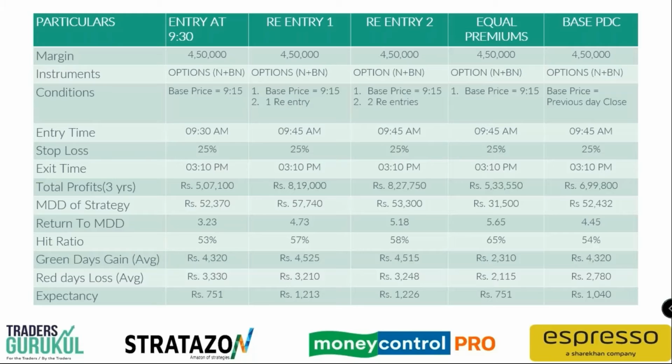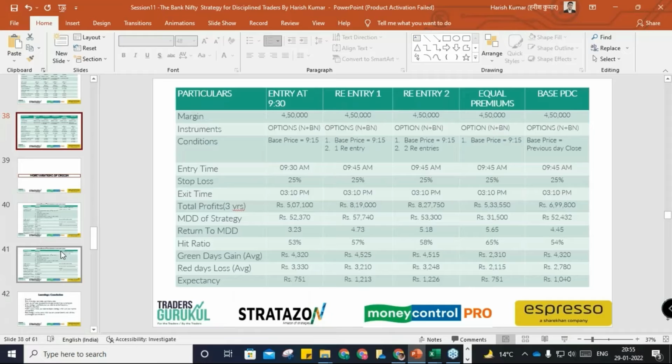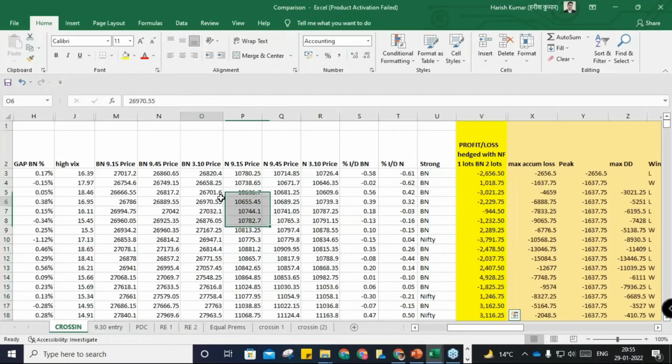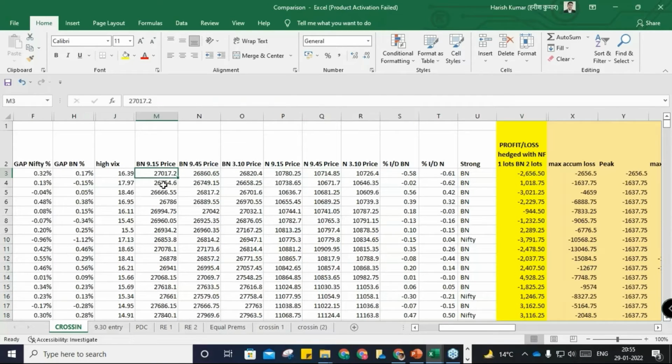So let's go to our Excel sheet. So this is my Excel sheet. Basically, this is the back testing I have done. I took the 915 price as base here. This is the 945 price. On the basis of this, I have calculated this.